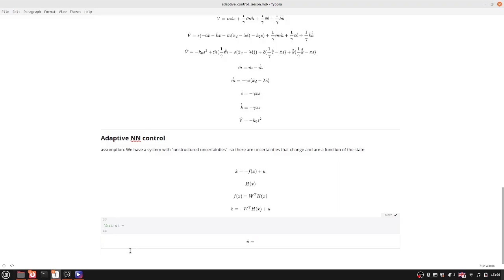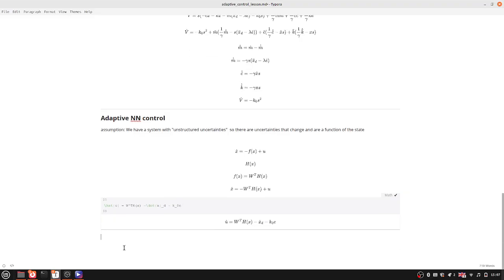And now we can design our controller, approximate controller u hat. I'm going to skip a few stages here, use feedback linearization. Well, we need it to be w h of x, and then we add in our terms for feedback linearization for a first order system, minus x d dot, like so, and then our controller gain k0 e, that's our controller.